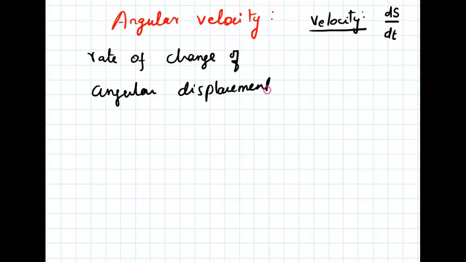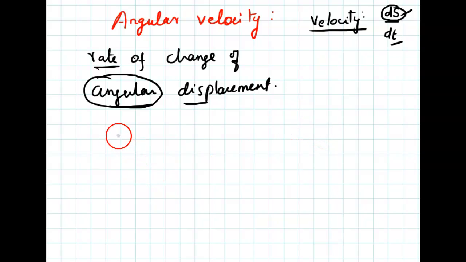In linear motion, we say rate of displacement. Here we say rate of angular displacement, we just include the word angular. It is denoted with the letter omega. Omega is the symbol for angular velocity.